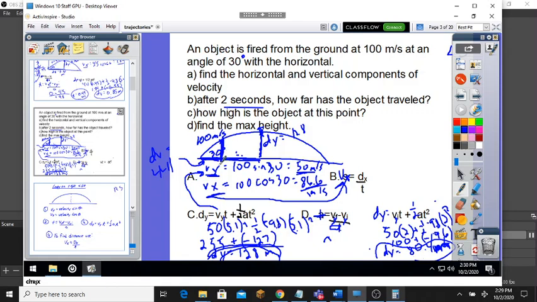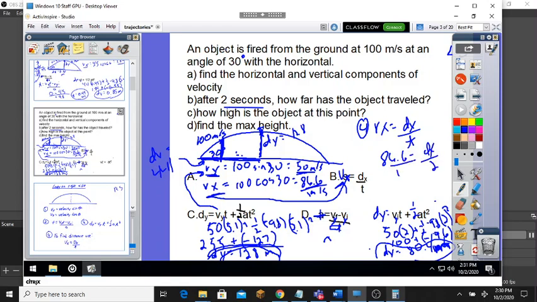If we want to find the distance from there to there, we're just going to use step number 4, which is Vx equals dx over time. So Vx, we're using the same number here, which is 86.6, but all you're going to replace is just the number. See that?